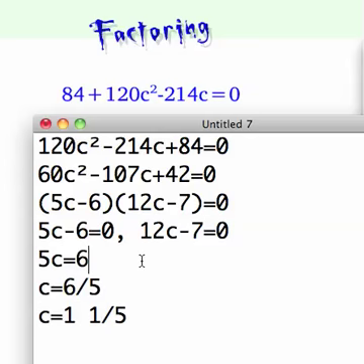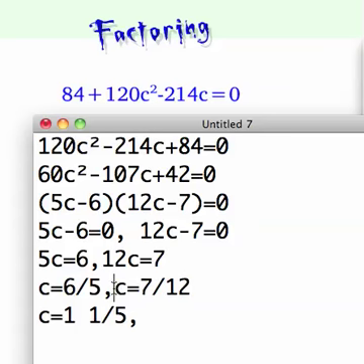Over here, I'm just going to put a comma after all those. Over here, I'm just going to add 7 to both sides. So that's equal to 7. And then I'm going to divide both sides by 12. So C is equal to 7 divided by 12.